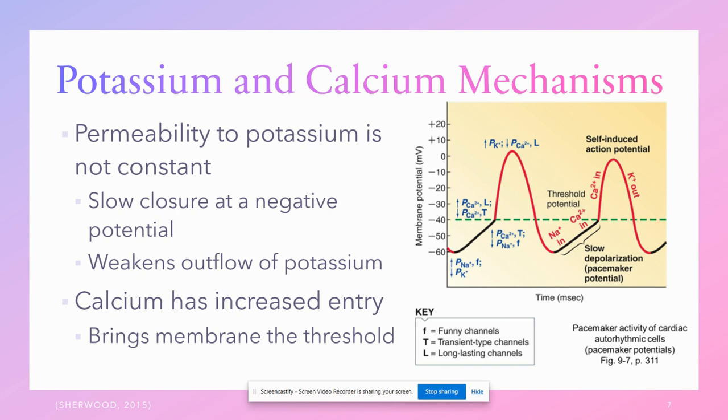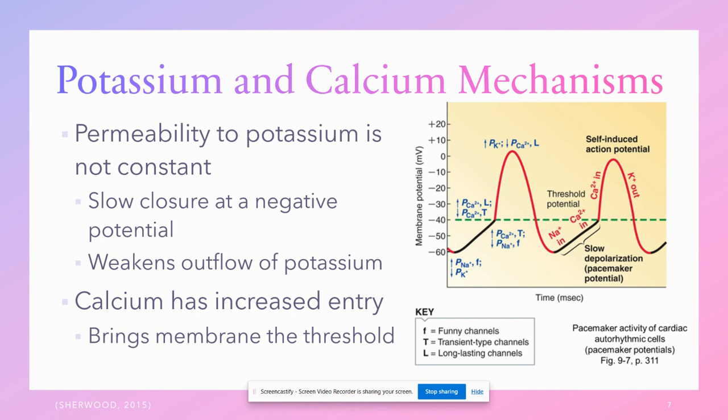There are two other key ions when we're talking about heart contraction, and that is potassium and calcium. So we need to mention them when we are referencing autorhythmic activity. In cardiac autorhythmic cells, the permeability to potassium is not going to be constant between the action potentials.